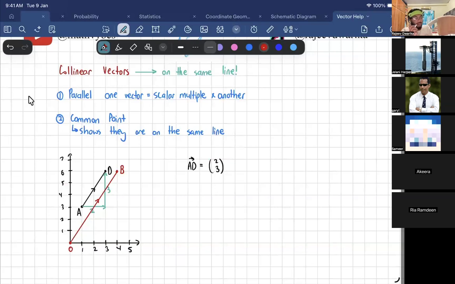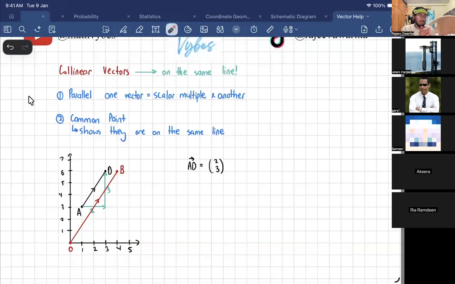Tell me, Ria, where does this vector start and end? It starts at the origin, O, and ends at B. How about this vector over here?